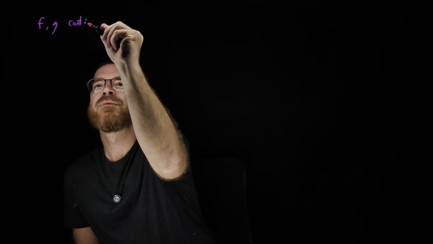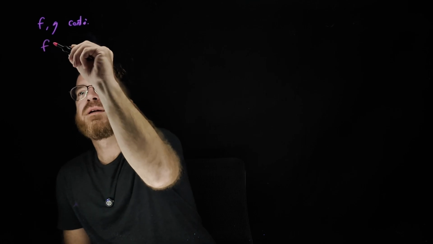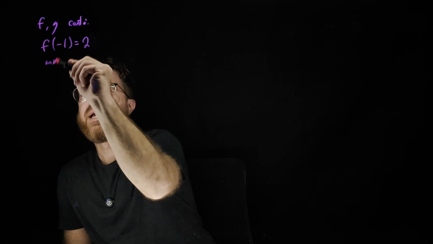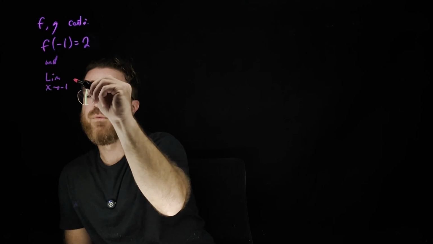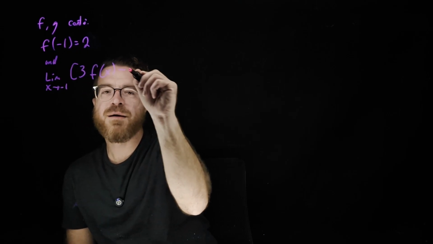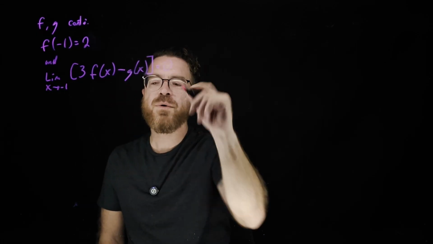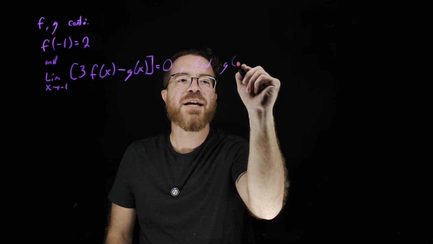For our next example, we're going to start with the fact that f and g are continuous. If f of -1 is equal to 2, and the limit as x approaches -1 of 3 f of x minus g of x is equal to 0, let's find g of -1.